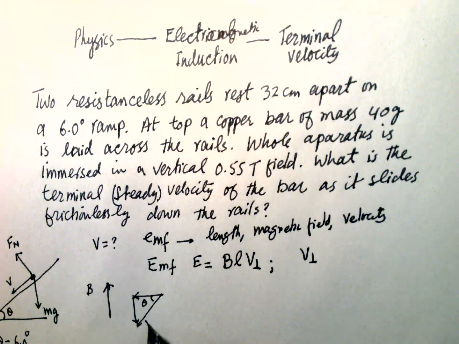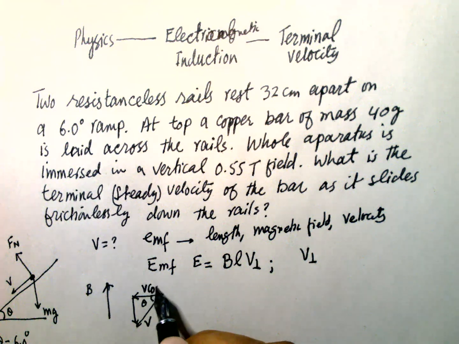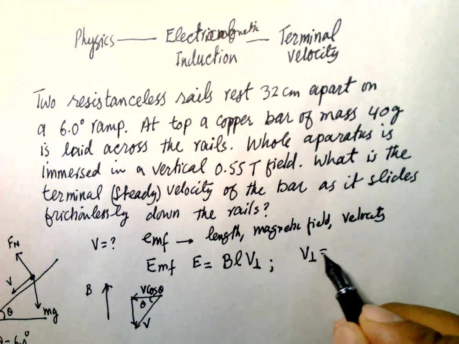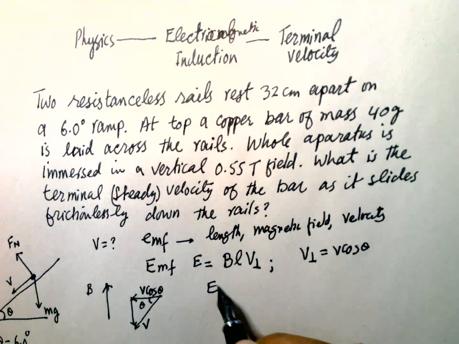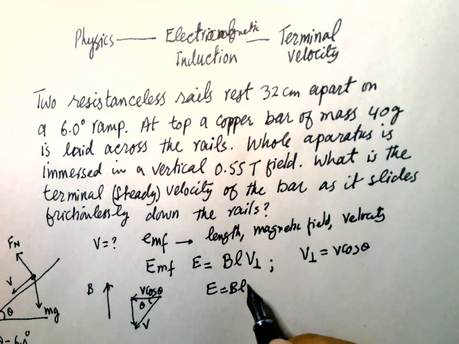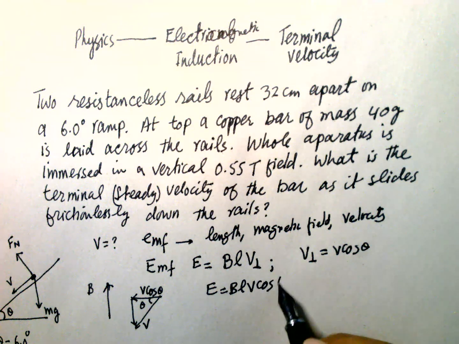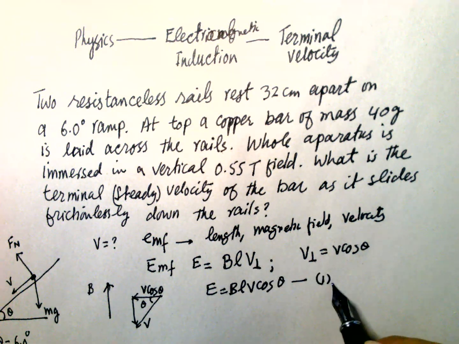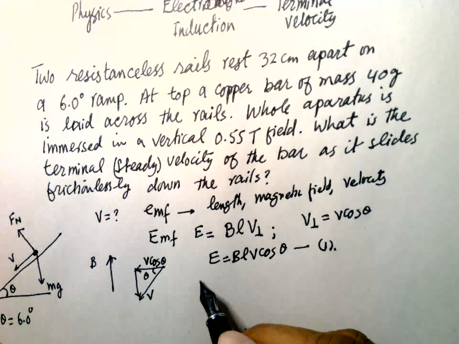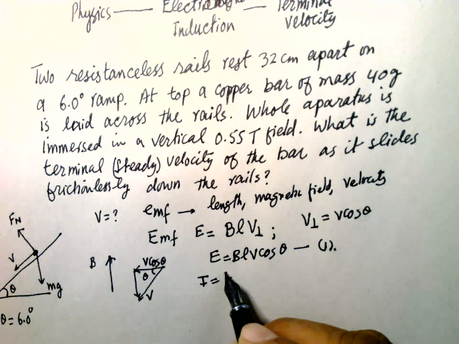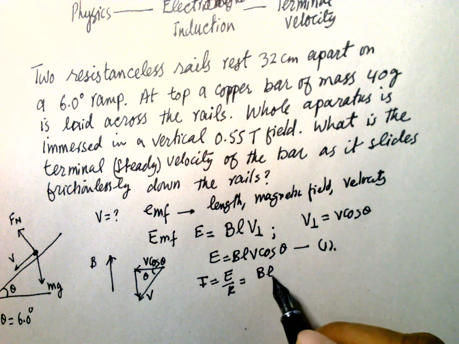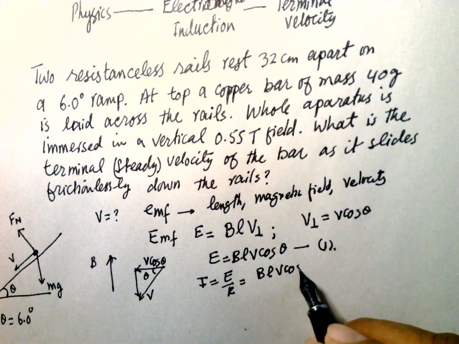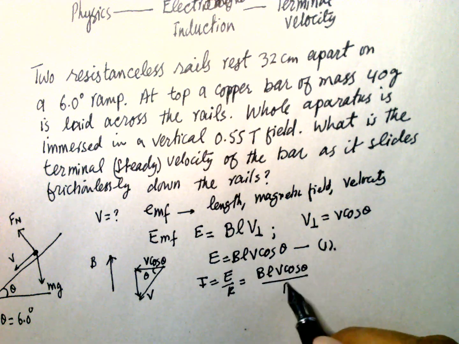This is V, and this is V cos theta. So E is equal to BLV cos theta, equation 1. So the current will be equal to E by R, and E is BLV cos theta by resistance.